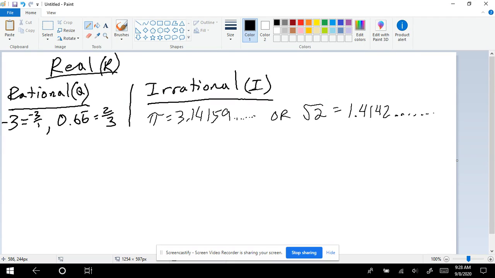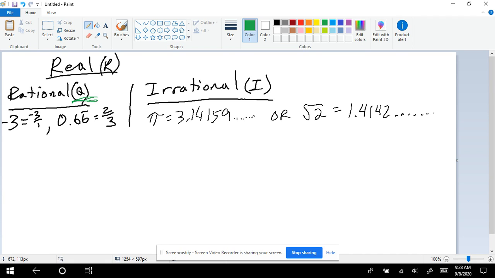But first we've got rational, which are represented with a Q. Real are represented with R, and then we ran out of R's, so we can't use R to represent rational numbers, so they use the letter Q. And irrational, which are represented with an I. Rational numbers are any numbers that can be represented with a fraction.